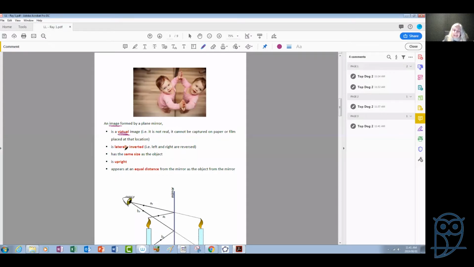The image is laterally inverted. Laterally means that this is the right ear of the baby, and the right ear seems to be here, as the left ear of the image. So the image is inverted from left to right. This means it's laterally inverted, and that is why, if you have seen ambulances, the word ambulance is written in a very funny way.